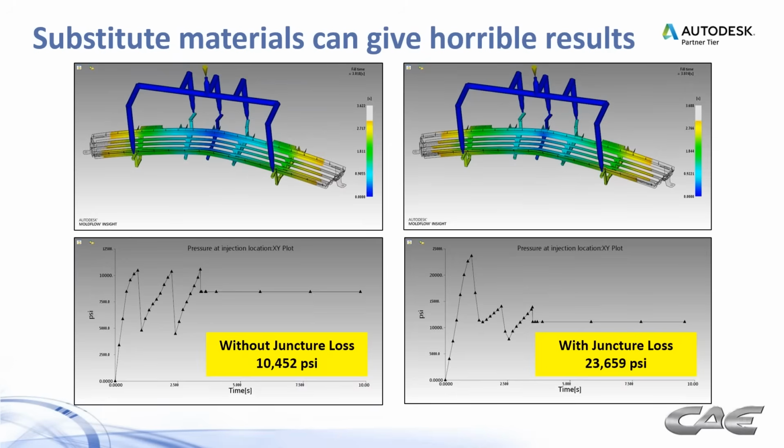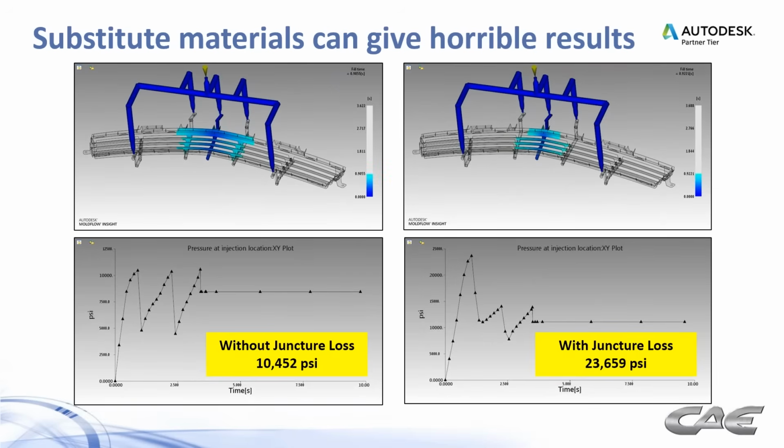So it's really important to have the right material data when you're running any kind of Moldflow analysis. So when you predict pressures improperly, the amount of packing pressure that you are applying to the model doesn't make it to the part like it should.